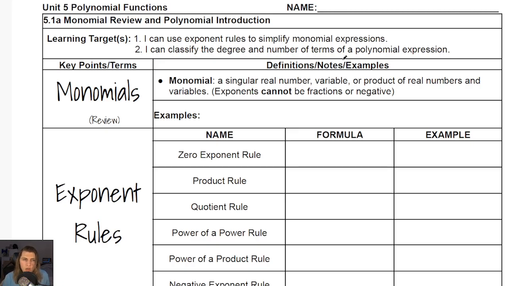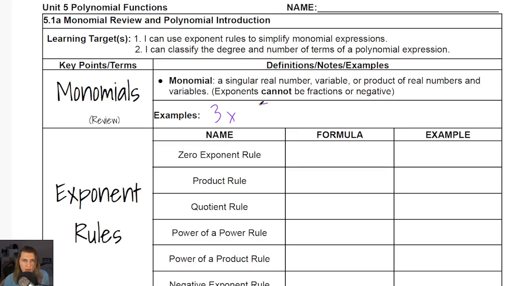So first, we have to talk about monomials. A monomial is a singular real number, a variable, or a product of real numbers and variables. The only thing is for our final answer, we cannot have the exponent as a fraction or a negative. Some examples of a monomial: you have something like 3x.